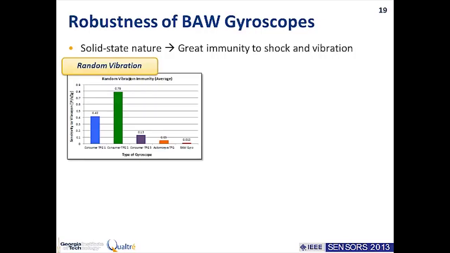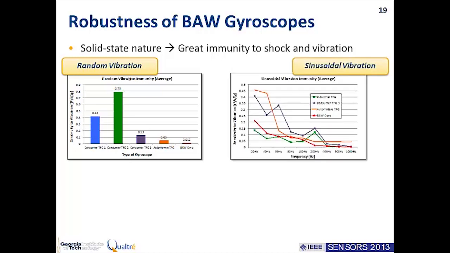So if we, for example, compare 3 consumer-grade tuning fork gyroscopes, just off-the-shelf devices, and an automotive gyroscope with a BAW device, we see that in terms of random vibration performance, the BAW device outperforms these tuning fork devices by orders of magnitude, and it's just because it's a lot stiffer.